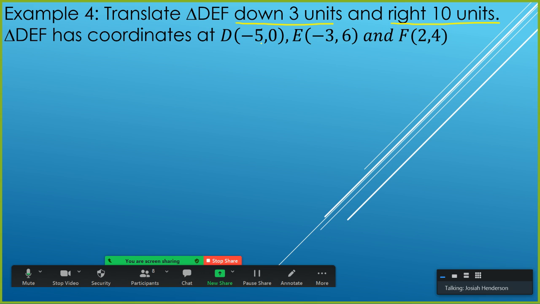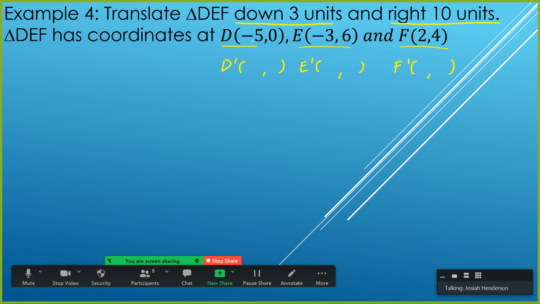DEF has the coordinates of -5, 0, -3, 6, and 2, 4. So our old triangle lives at these 3 points, has those 3 vertices. And they want us to say the new D prime, E prime, and F prime.